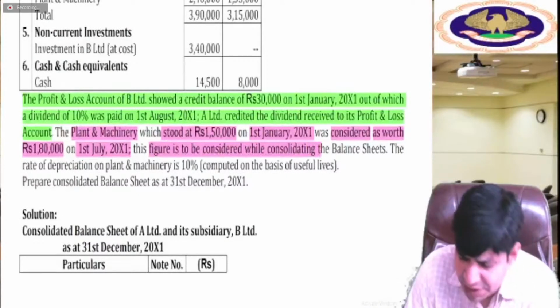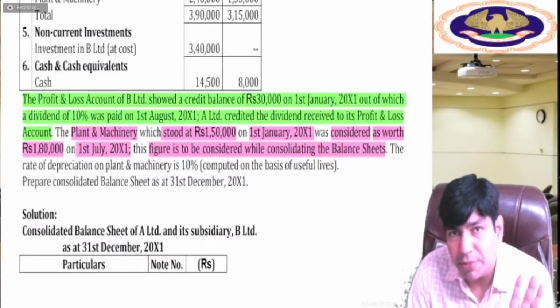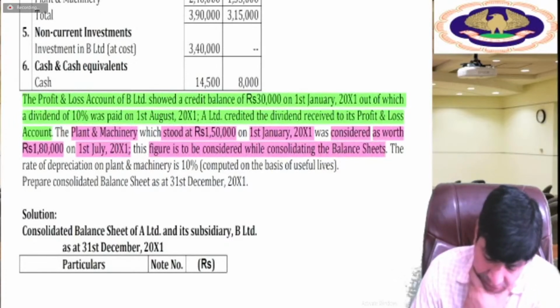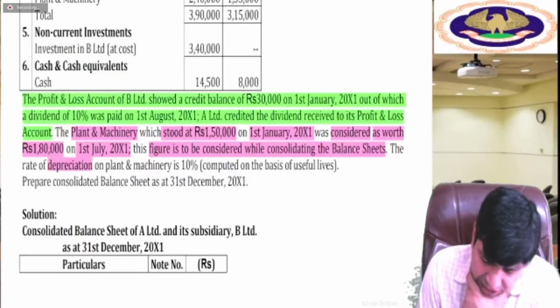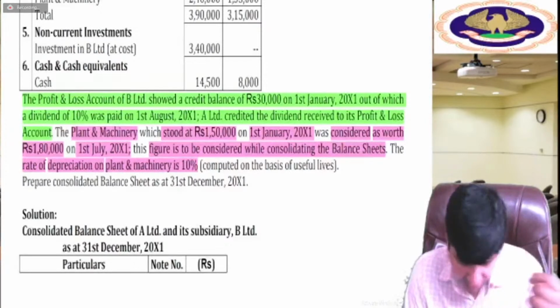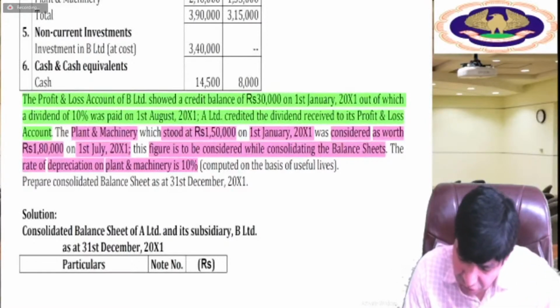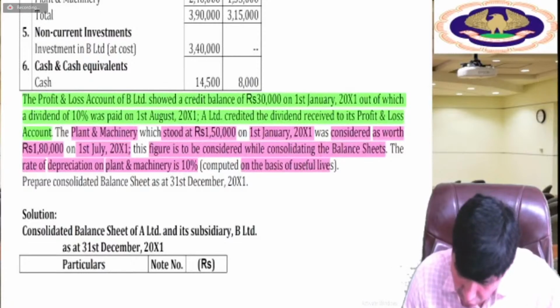Even if the question is not saying this line, still we have to consider it for consolidation purposes. The rate of depreciation on the plant and machinery is 10%, on the basis of useful life, that means SLM.